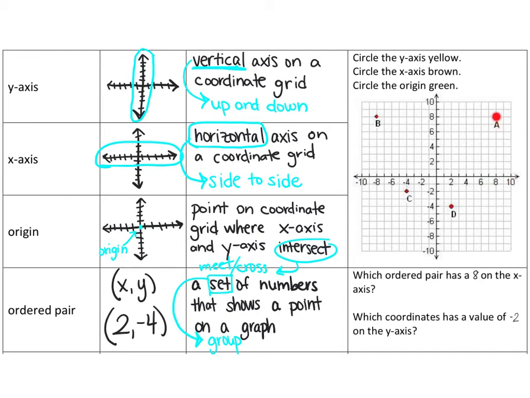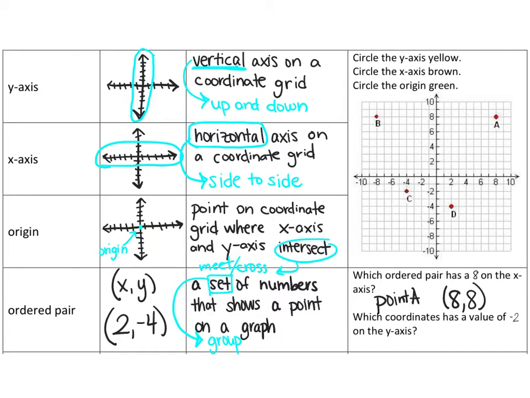And we're going to go up and we see that it's point A. Which is, the x-axis is 8. So you're going to write 8, comma. And then the y-axis is 8 also.